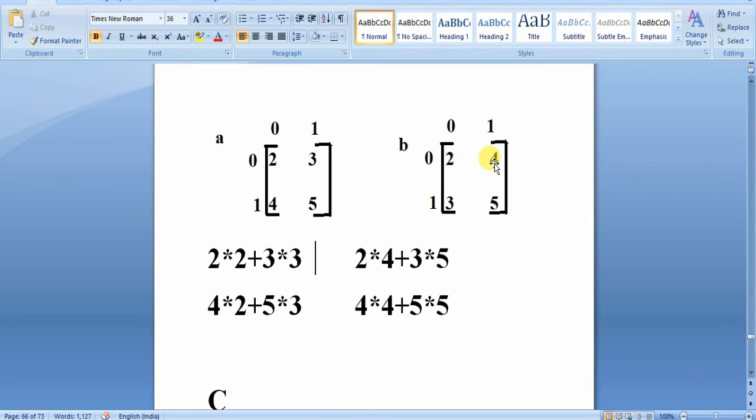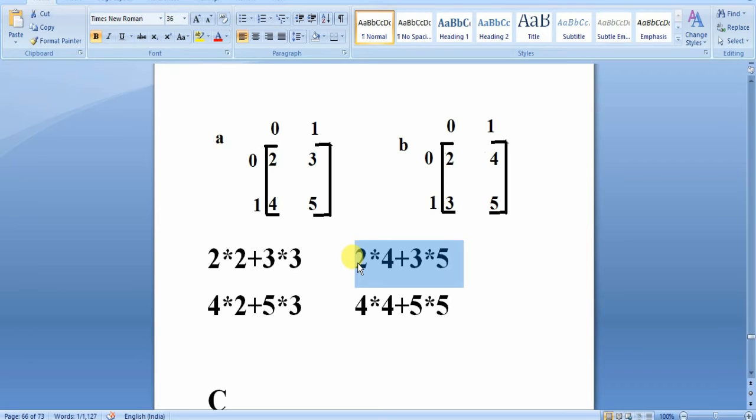So what is A of i k? It is 2. A of i k is A of 0 0, where k is 0. What is the value going to change now? It is 2 into 4 plus 3 into 5.